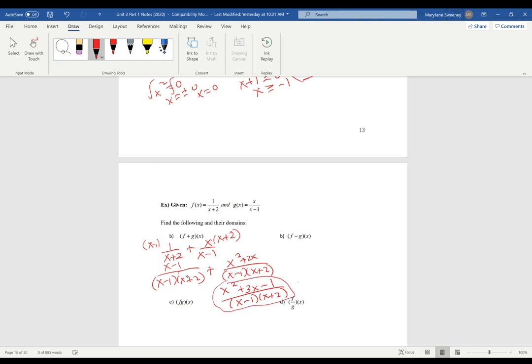As far as domain, when I look at the numerator, it's all reals. The denominator can't be 1 or negative 2.